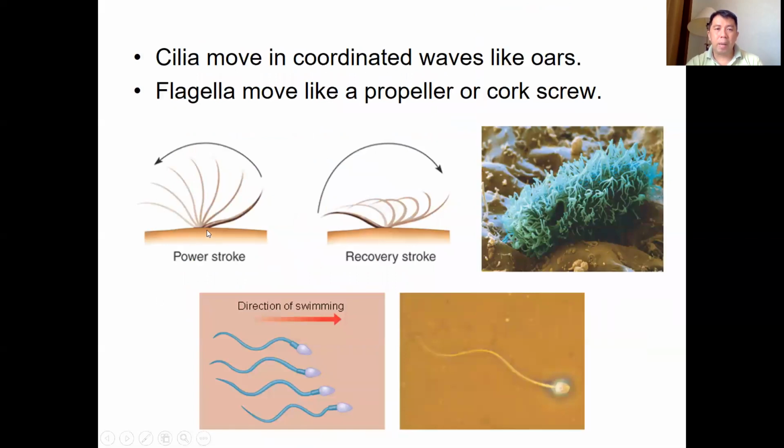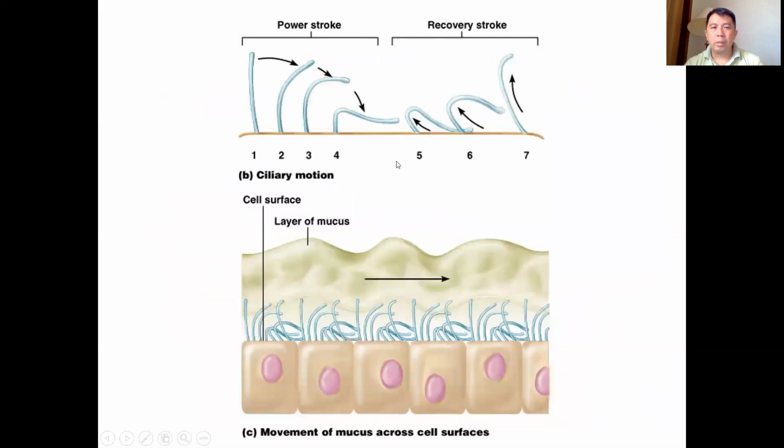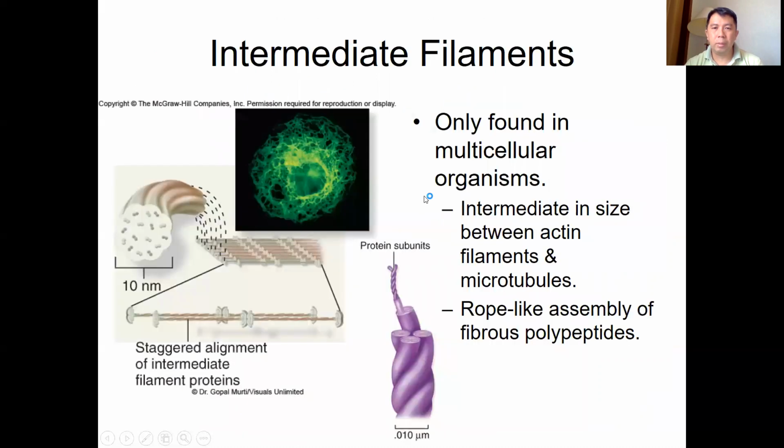From here you can see the power stroke, they move to this side, and then they return, the recovery stroke. Flagella move in a different way, like a propeller or corkscrew, like this. So this is the movement of the cilia, to move the mucus.